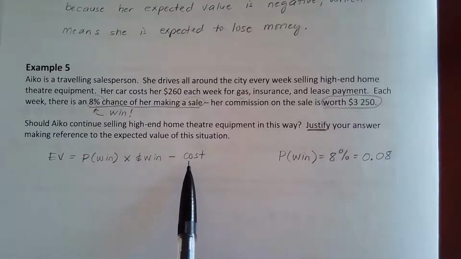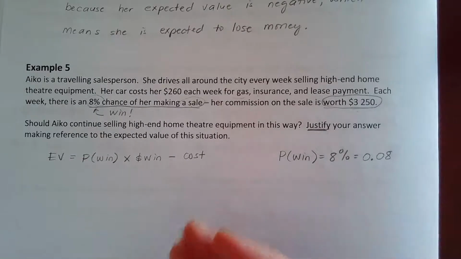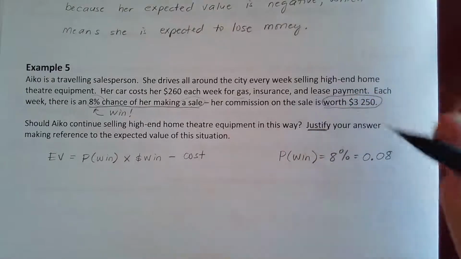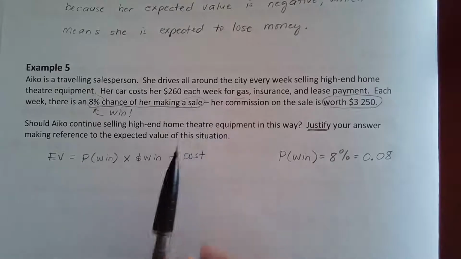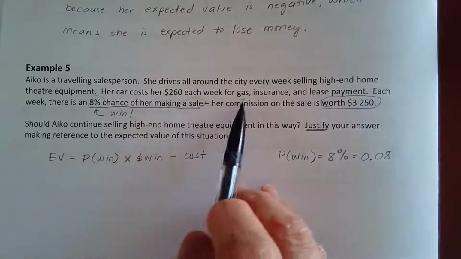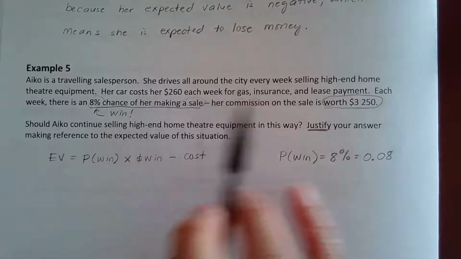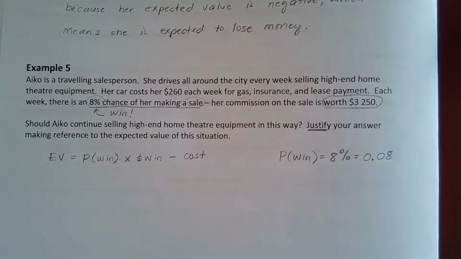This is basically her cost. How much is she going to put into this situation? And her cost, cost to play, when you think about it, her cost is her gas money, her insurance money, and her lease payment, which is $260 each week.